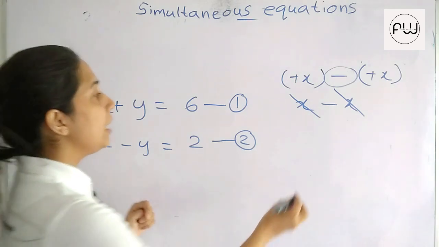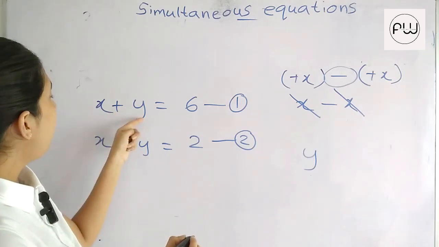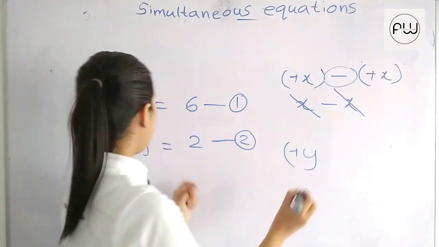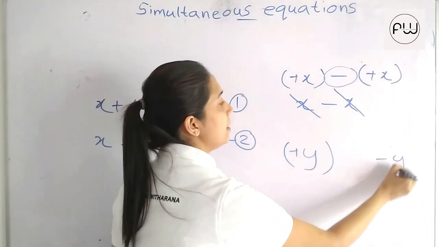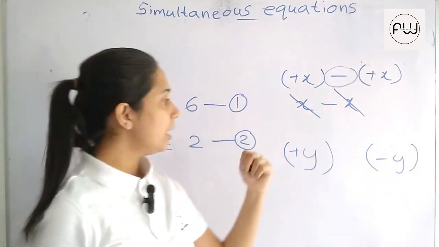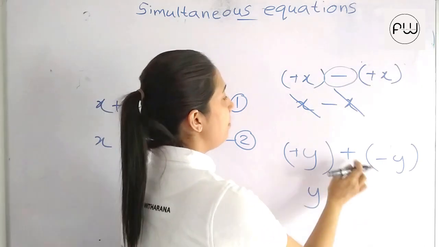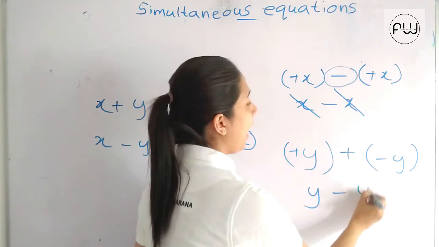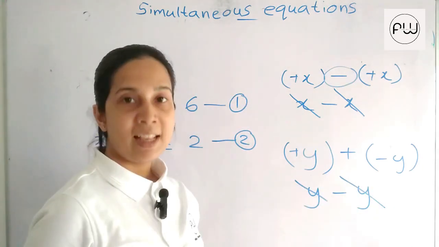Now if we select the y term to cancel, the sign of y in the first equation is plus and the sign of y in the second equation is minus. Then how can we cancel out these two terms together? Now let's add these two together. Plus y plus minus, it becomes minus, and minus y. Then plus y and minus y, we can cancel out.